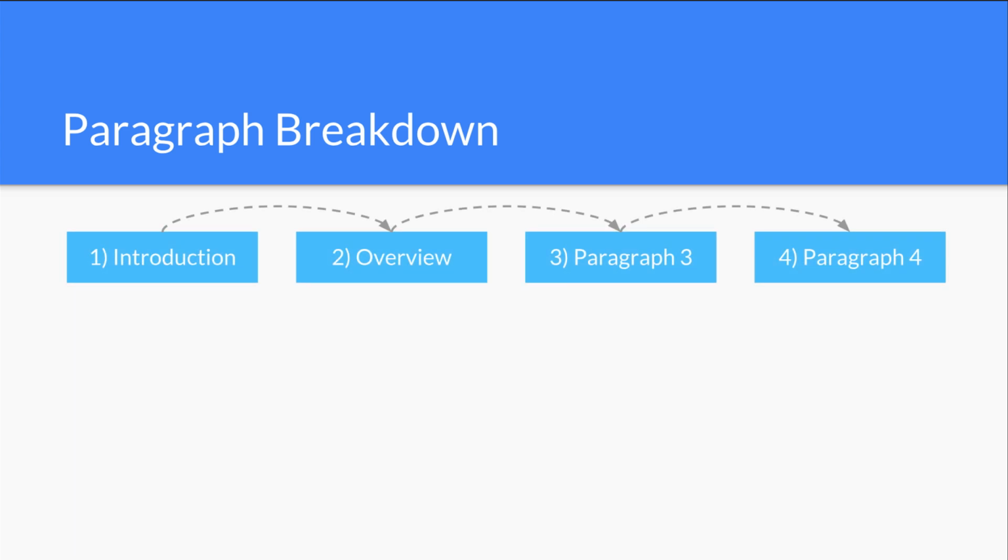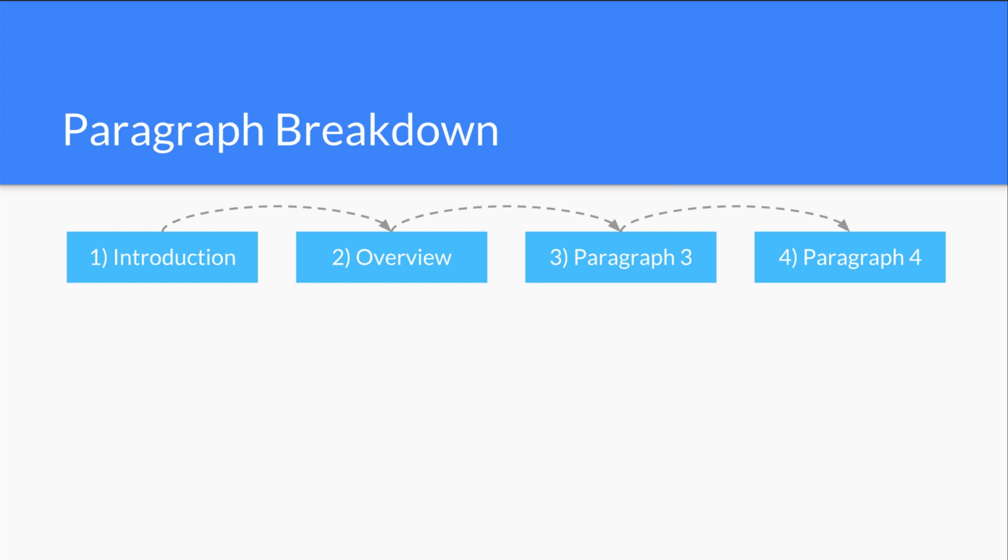Now I want to give you a paragraph breakdown so that you can have a better understanding of how the Writing Task 1 is to be structured. So you're going to have 4 paragraphs in the Task 1 essay, as you already know. The first paragraph is the introduction, the second is the overview, and then you have your third and your fourth paragraphs.